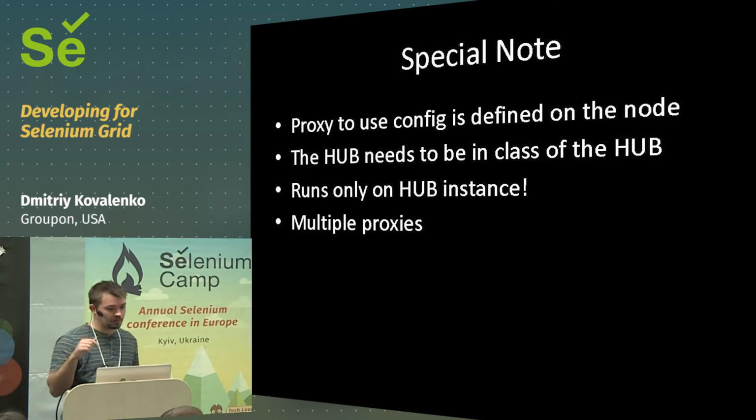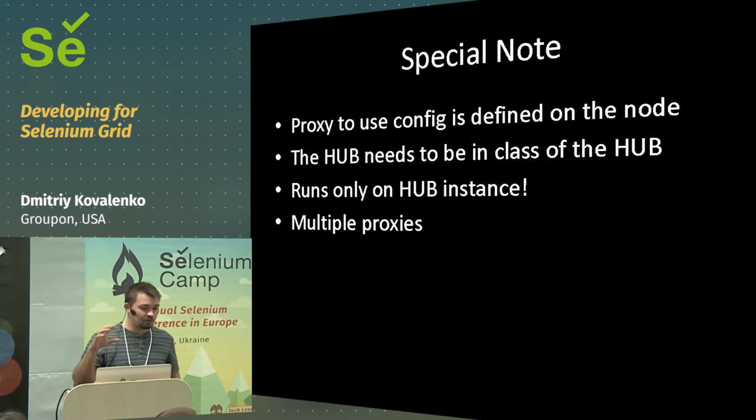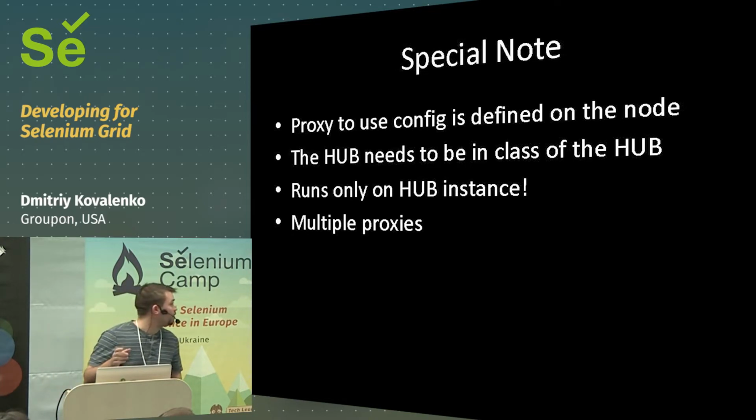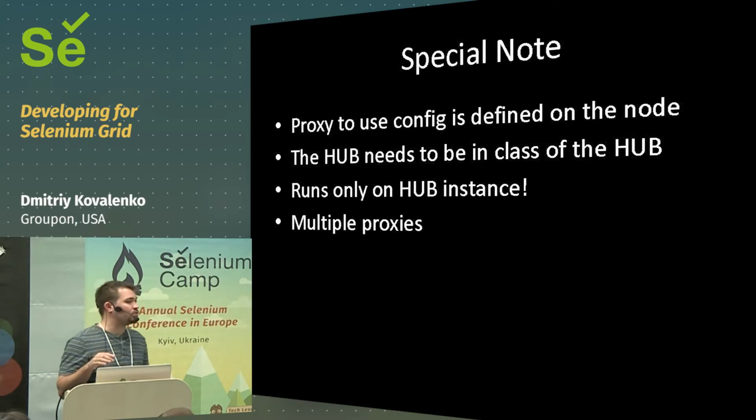Okay, so, and as I mentioned before, whatever proxy you write will only be on the hub. So if you want to affect anything on the node, you have to set up some sort of a listener on the node that will take the command from the hub. The other cool thing though is you can set up multiple proxies, and each node declares which proxy to use at registration point.